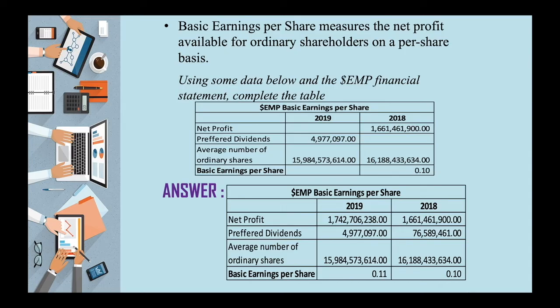So, ayun yung ibig niyong sabihin. In every share, that is the basic earnings per share. Mas tumaas nung 2019, meaning mas attractive ito as an investment option. Itong Emperador, kung ang comparison natin is by year. Year 2018 versus 2019, mas naging attractive siya as an investment option.